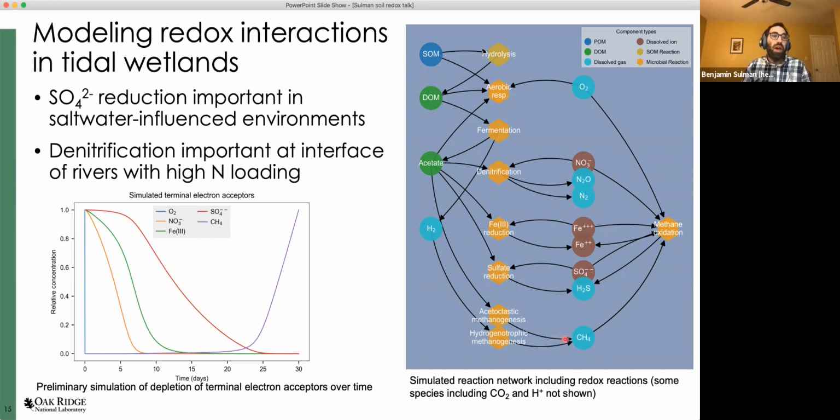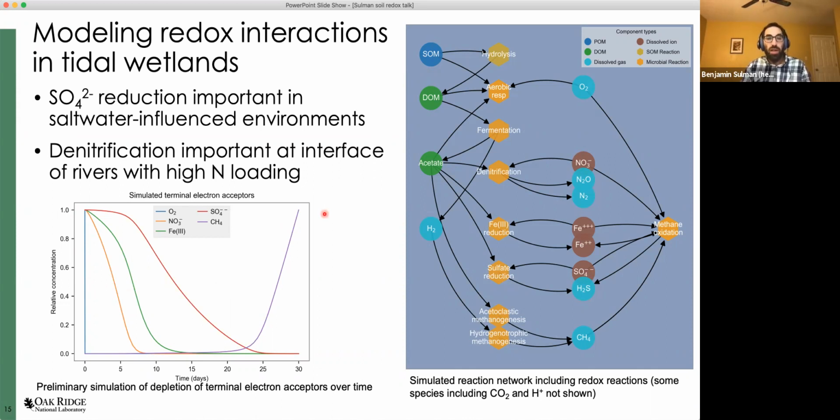And then methane, again, comes in at the bottom of the redox ladder when all of these other more preferential terminal electron acceptors have been depleted. So this is a preliminary plot just from a simple PFLOTRAN setup showing how we can simulate the sequential depletion of these different terminal electron acceptors and then the ramp up of methane production after they've been depleted.